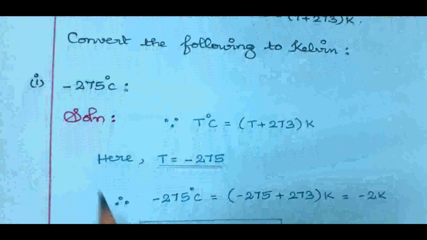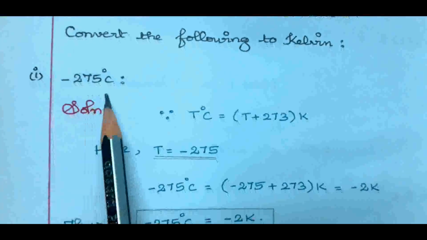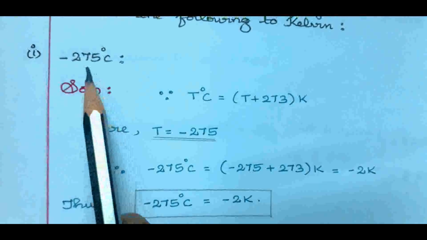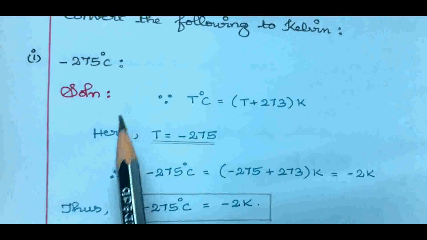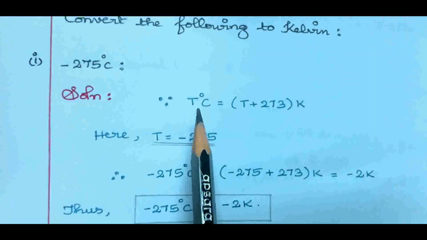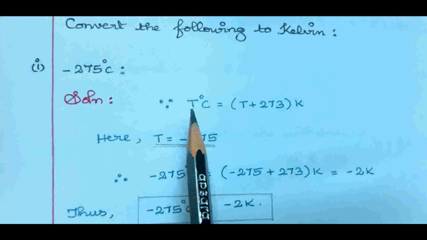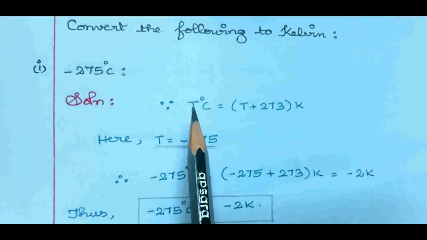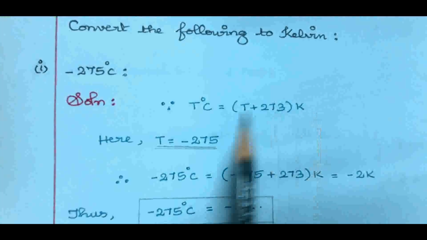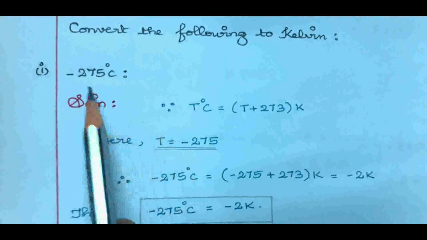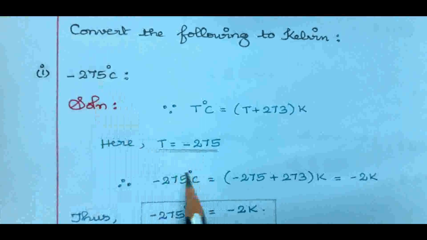The first question is minus 275 degree Celsius. Already they have given in the question that the given temperature, T degree Celsius, is equal to T plus 273 Kelvin. So here T is nothing but the given minus 275.